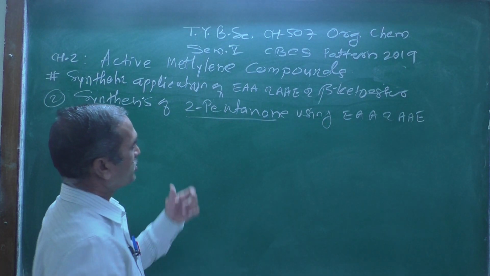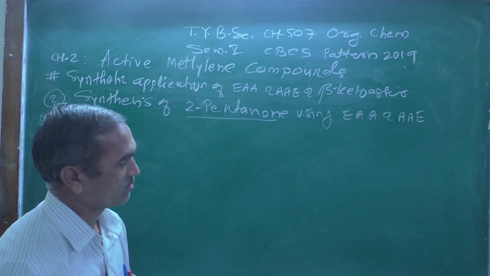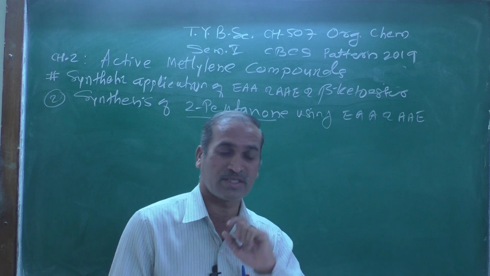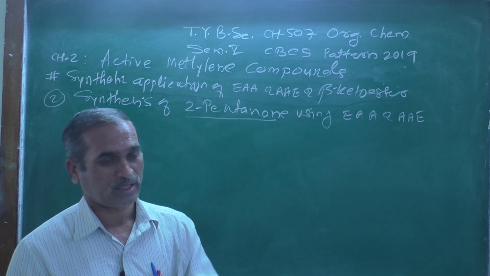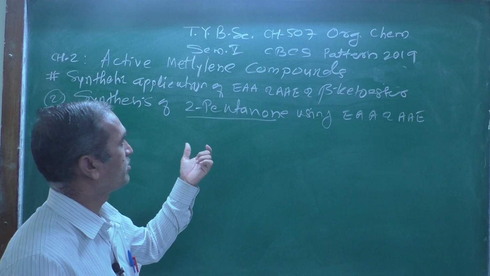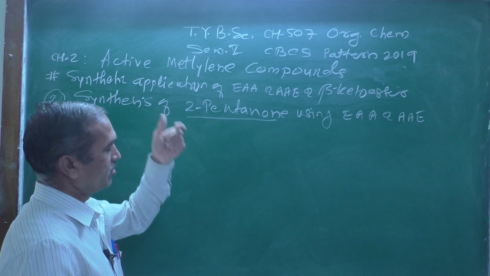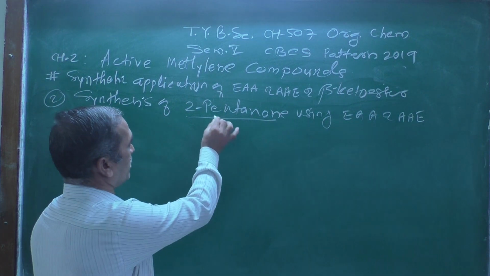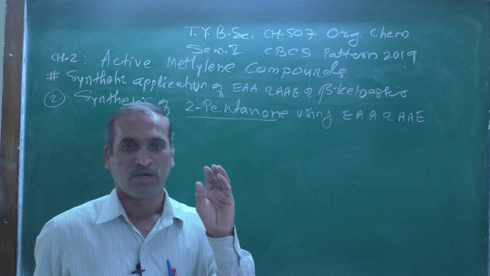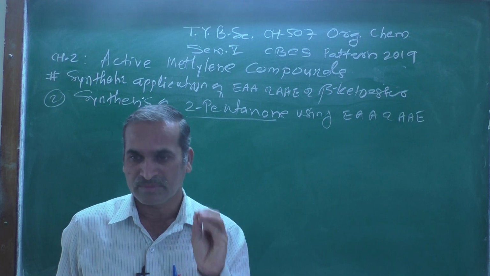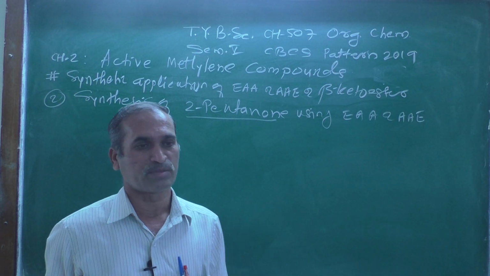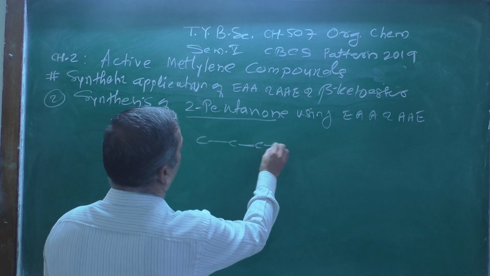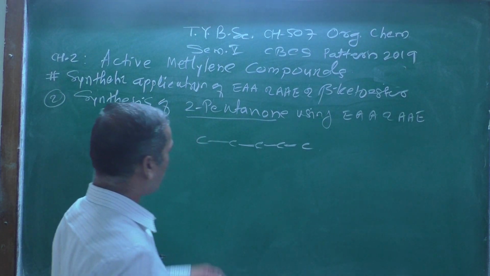Here you must know the structure of 2-pentanone, and only then can you synthesize that molecule. Remember, pent indicates there are 5 carbon atoms in this molecule, so we can write the molecule this way.